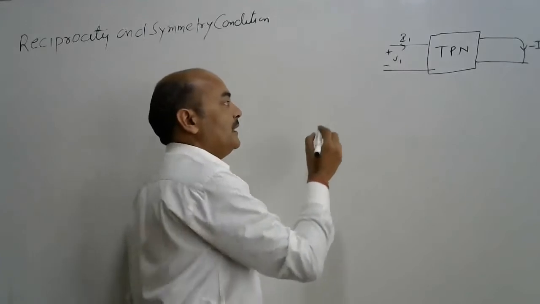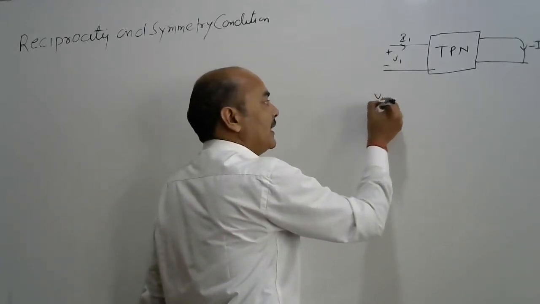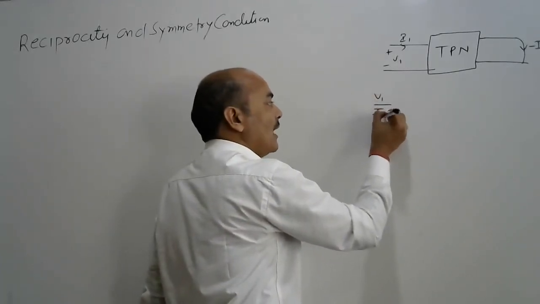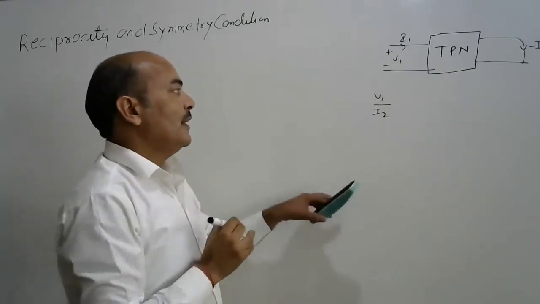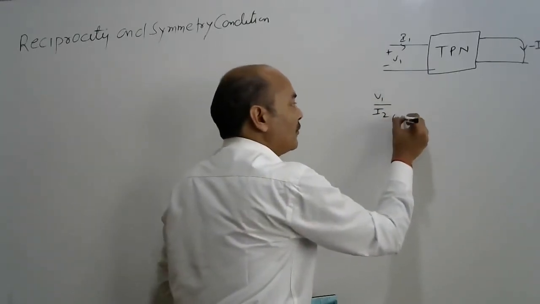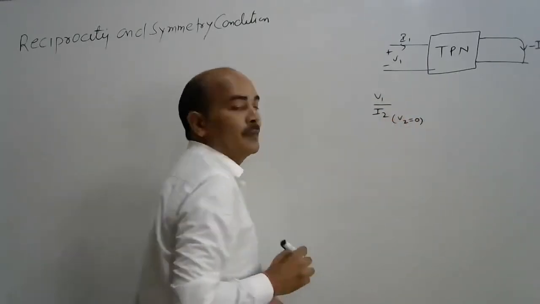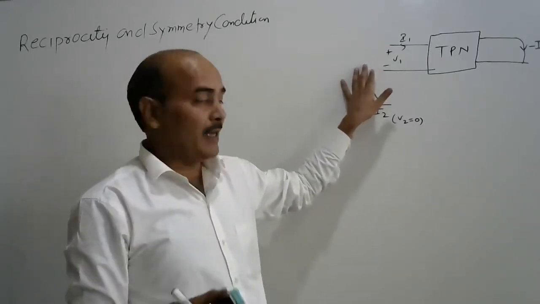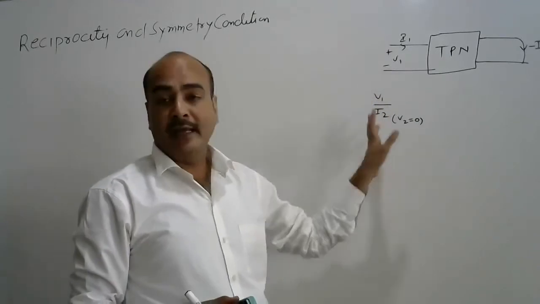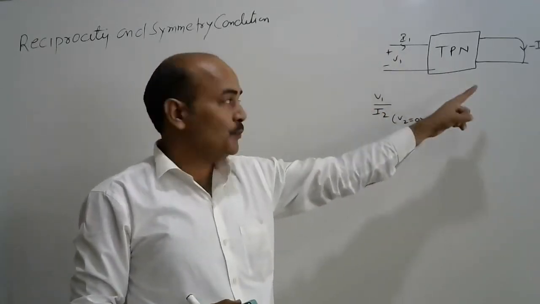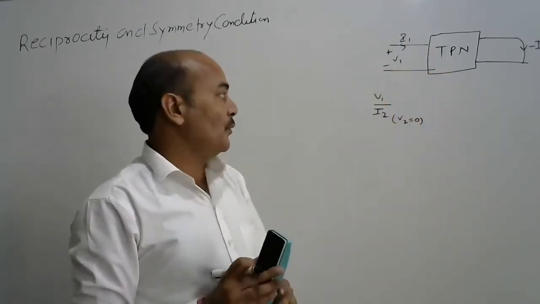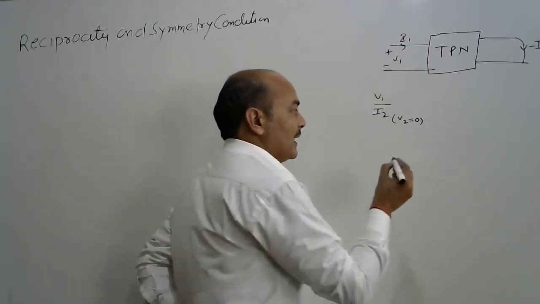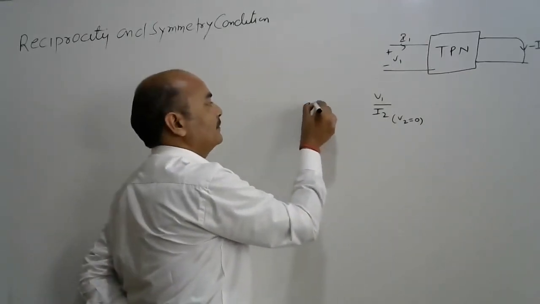So first we are finding the ratio of V1 to I2 with V2 equal to 0. First we apply a voltage at the input terminal and calculate the current at the output terminal with the port shorted. This is case 1.